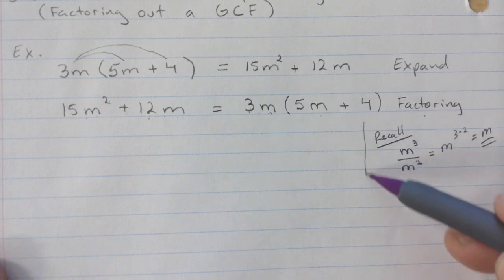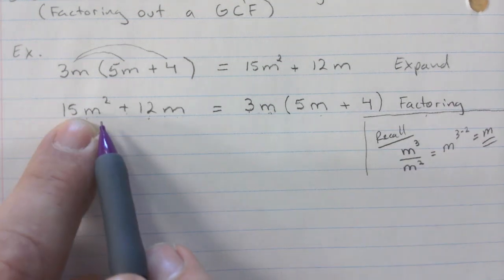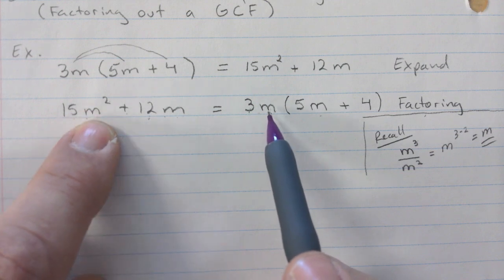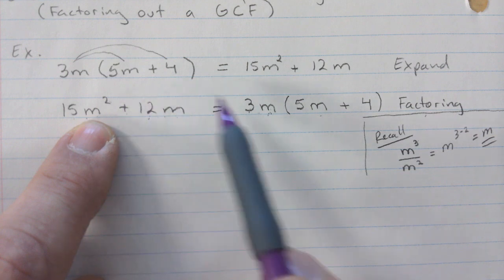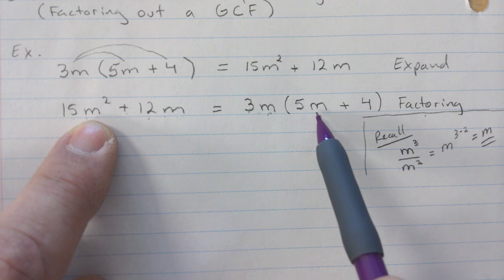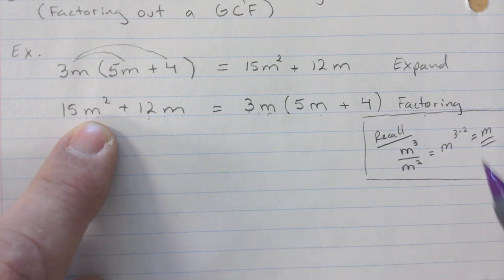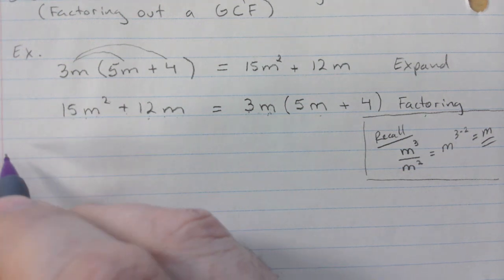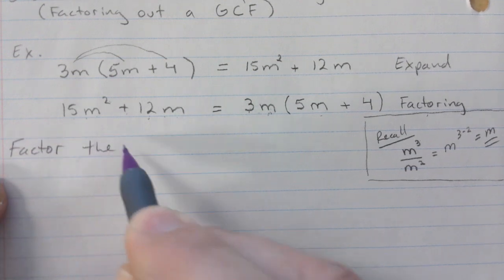This is on the side, some students forget that from grade 9. When m squared was divided by m, it was really a power of 2 minus the power of 1, so that left me with just m. So keep that in mind. It'll come back later, but you need to know that. So we'll factor the following.